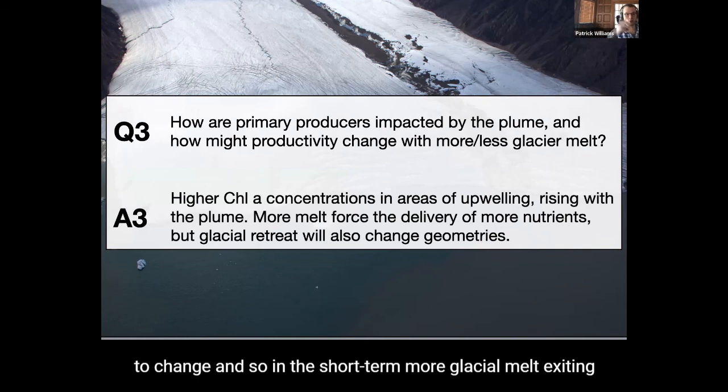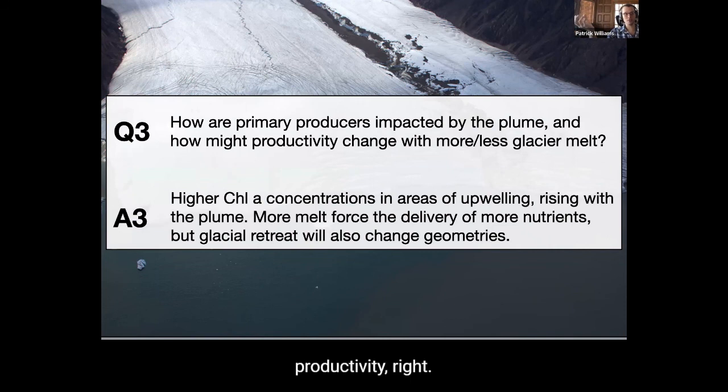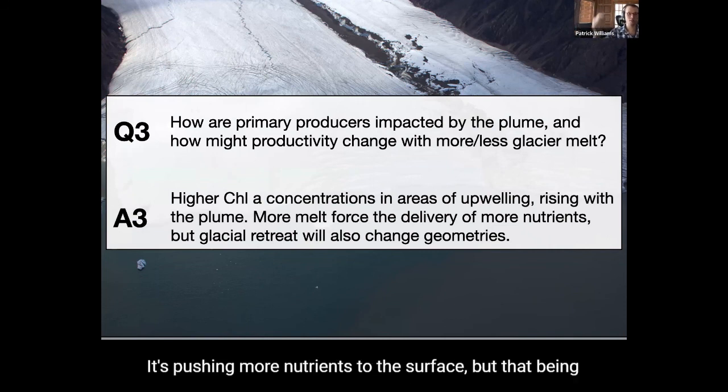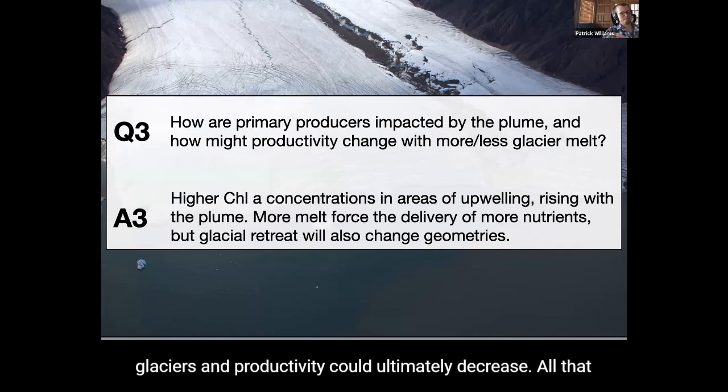In the short term, more glacial melt exiting at current depths might actually force more deep water to the ocean surface, which could theoretically help productivity, right? It's pushing more nutrients to the surface. But that being said, as glaciers retreat, they can transition to land-terminating glaciers, and productivity could ultimately decrease.